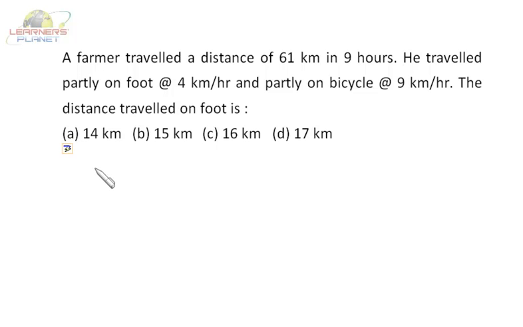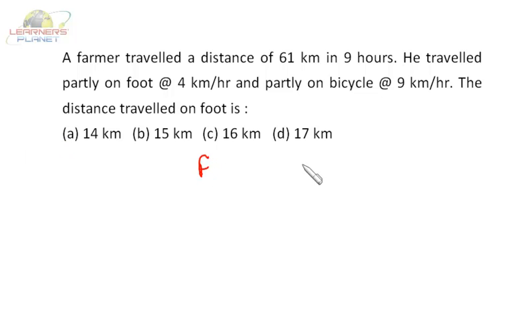If you are not clear about it, just do revise the alligation and mixture chapter. So just try to do it with this technique. Now let's assume he's covering the entire distance on foot. That means he would be covering 4 kilometers per hour for 9 hours, that is 36 kilometers.